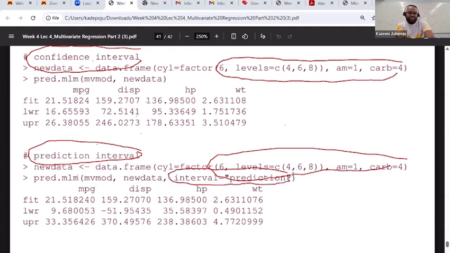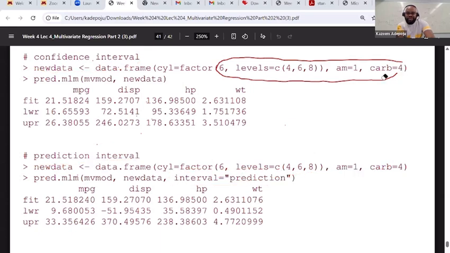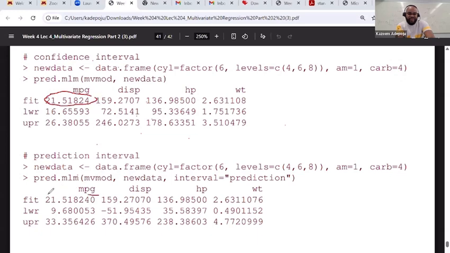There's something I need you to see. The prediction interval is going to be the same for the point estimate. If you take a look at this, you can see they are the same, but the interval estimate is not going to be the same. The prediction interval is wider, 9 point something to 32.